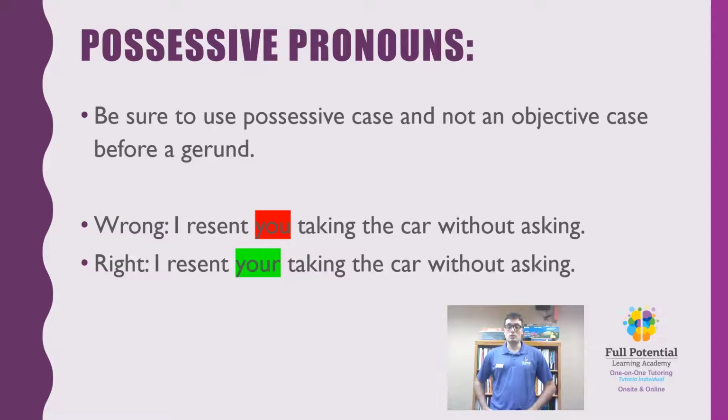The you in question is not being resented, but the action of taking the car is being resented, and it's their action, so it must be your. By understanding possessive pronouns, we understand attribution and ownership in a sentence and can easily assign the verbs to who is doing what in a sentence.